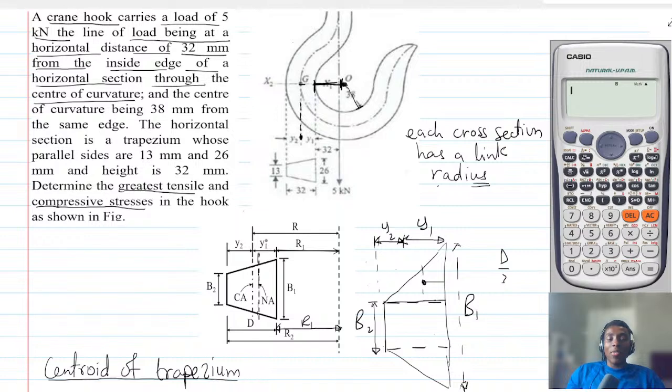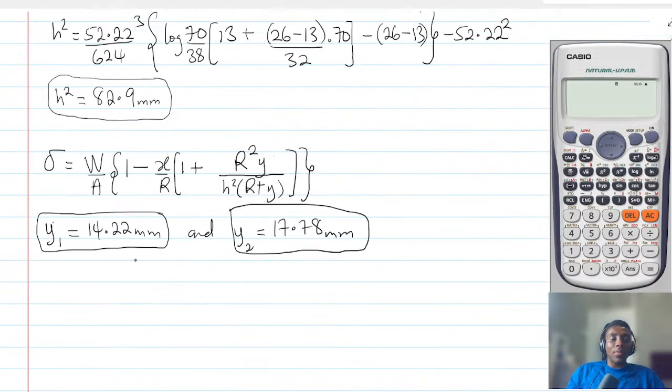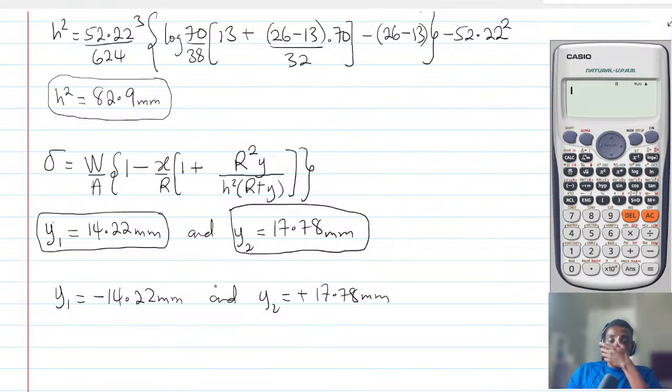So please, this is the convention: the y1 will be negated, and the y2 will be positive. In other words, y1 will be minus 14.22, and y2 will be positive 17.78, so that we can use it to calculate the stress.